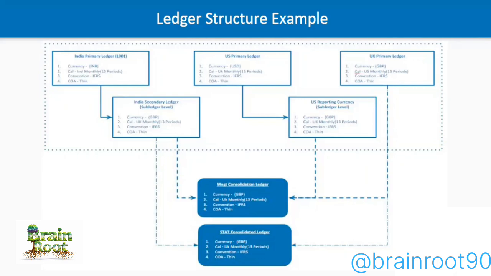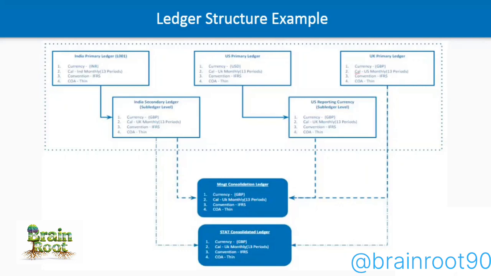But now, can anyone tell me why we went for a secondary ledger for India? Because of the period, this calendar UK monthly, right? Exactly. So here is the difference.